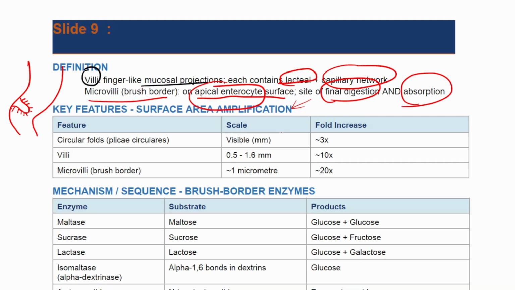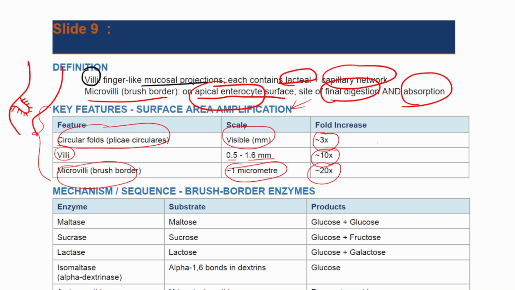The structural layout outlines a highly scannable hierarchy within this box, where circular folds or plicae circularis, which are visible to the naked eye, provide a threefold increase, and villi measuring 0.5 to 1.6 millimeter provide a 10-fold increase, and microvilli measuring roughly 1 micrometer provide a final 20-fold increase, culminating in a total 600 times surface area expansion.